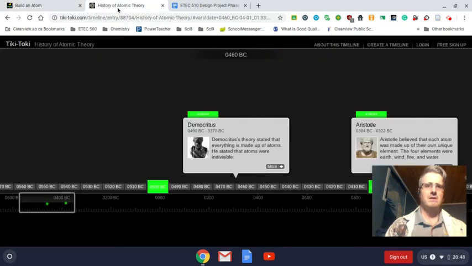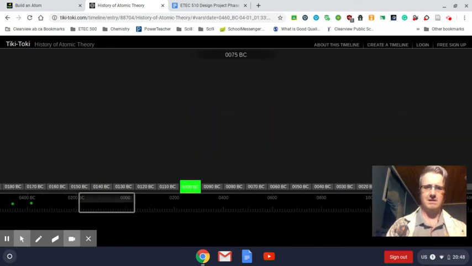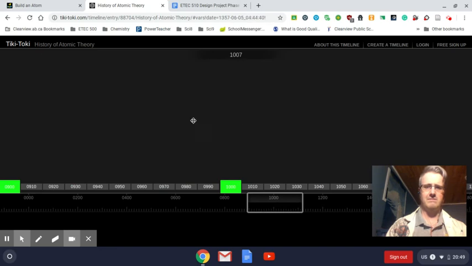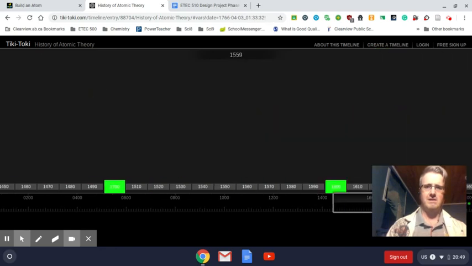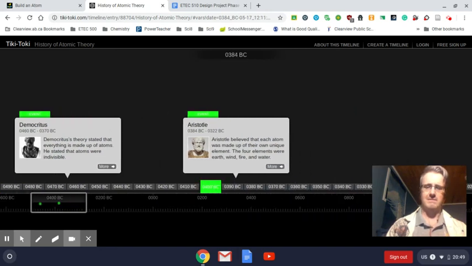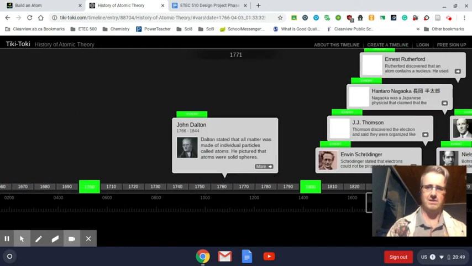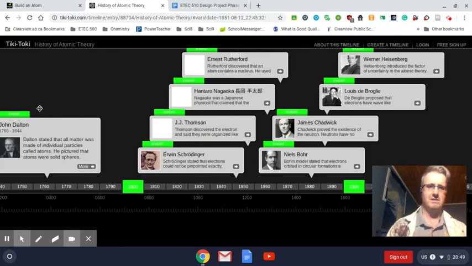Okay. So with that, Michael was kind enough to share with us this particular link from Tiki-Toki. This is basically just a timeline of the atomic theory, which is actually quite a wonderful resource, not just because it goes through the development and you get to see how long it took to change ideas about the atomic theory.